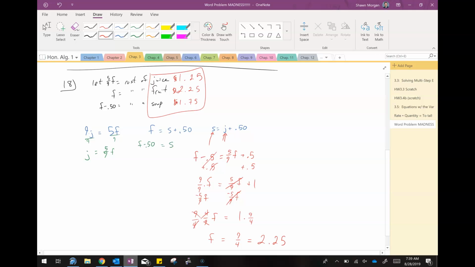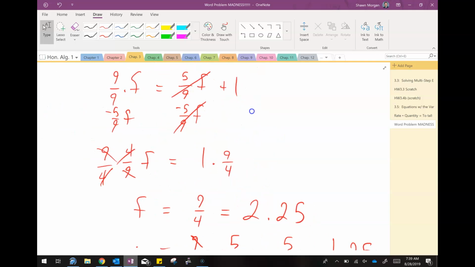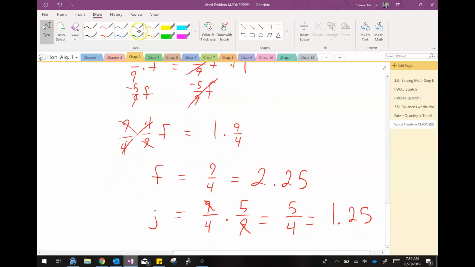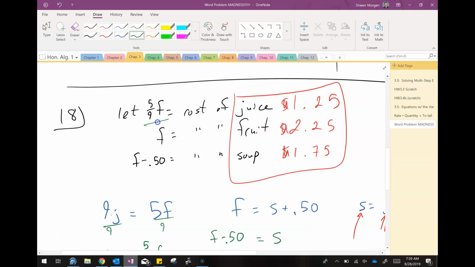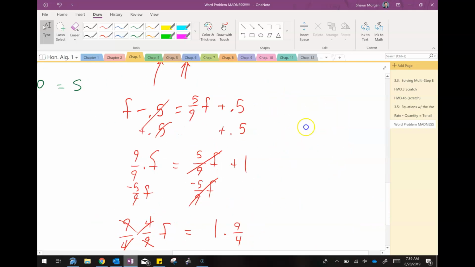How did we get J, like the answer as far as juice cup goes? Okay. So the question was, how did we get juice? We said that F is 9/4 or F is 2.25, right? And earlier in the problem, we had said, hey, look, the juice is going to be 5/9 of F, 5/9 of a fruit cup, okay?